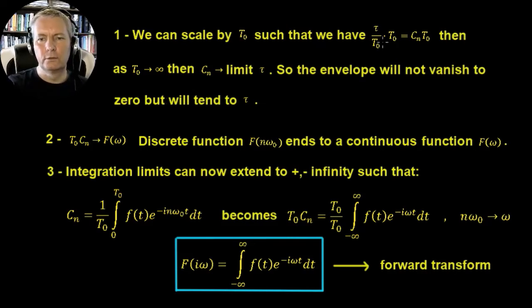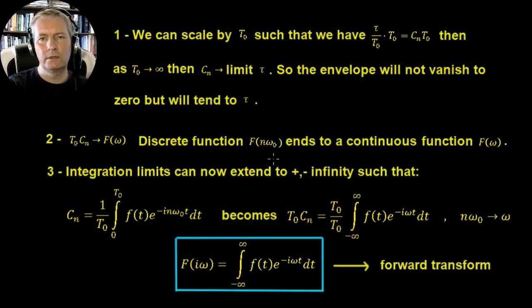So if we were to go ahead and do that, we know that as the period tends towards infinity, the number of frequency components tends towards infinity. So the value here of our Cn t naught, which is our frequency components, is going to tend towards a continuous function of frequency F of omega.